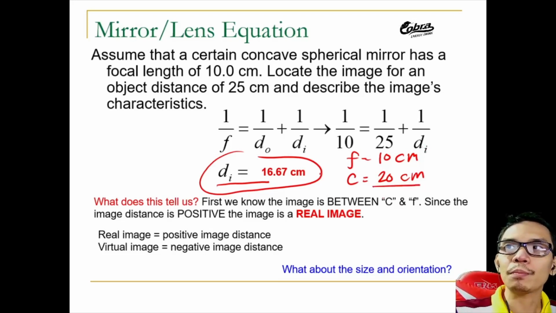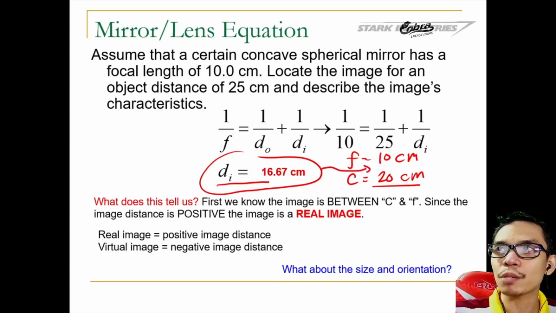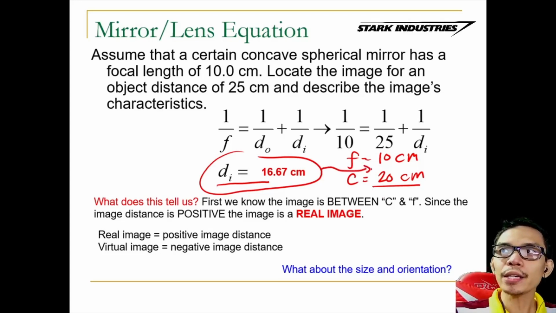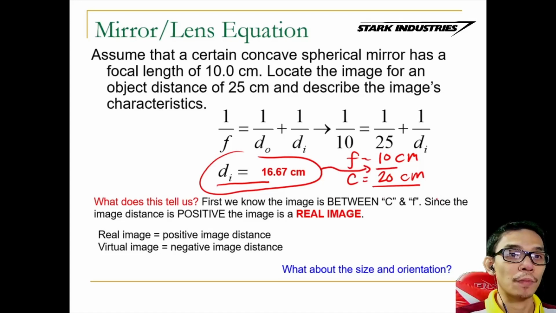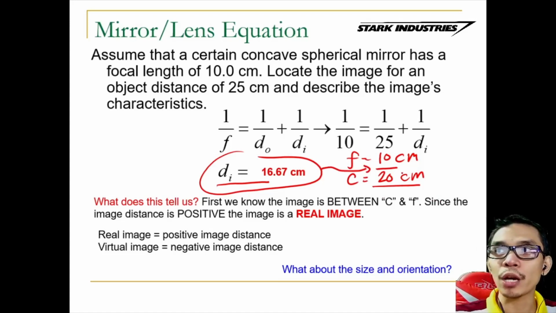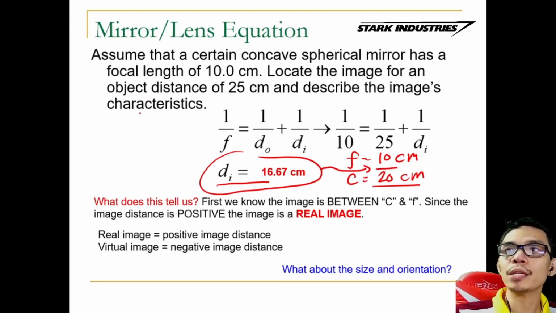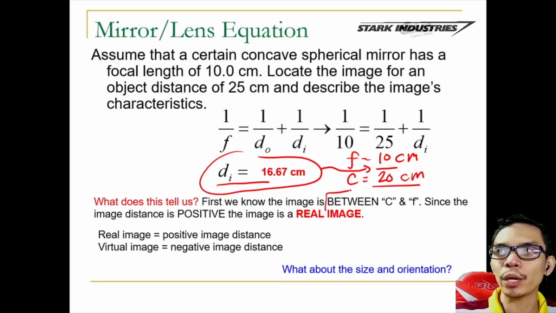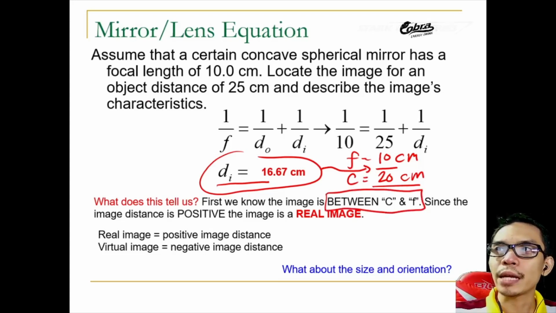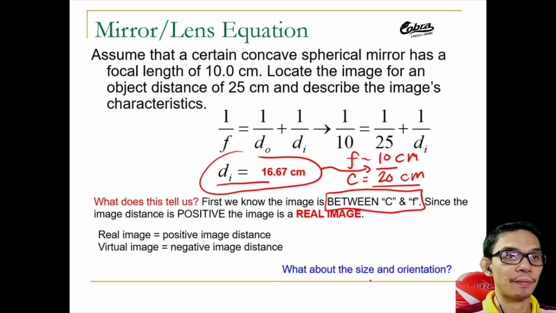What does it mean? It means that the distance of the image is in between these two. So the location of the image is between the center of curvature and F.